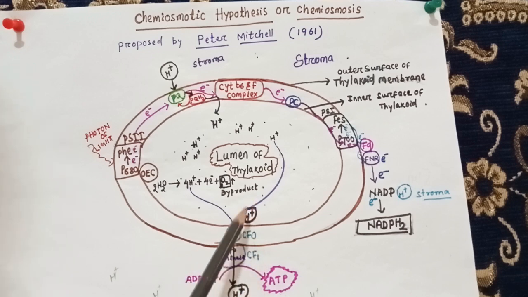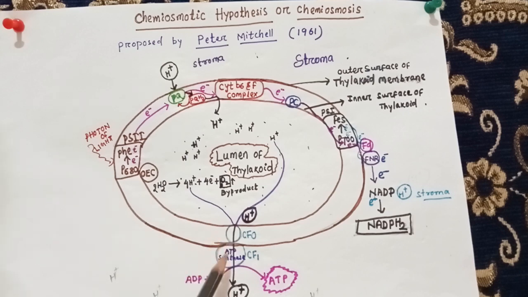And whenever the high energy rich proton moves through the CF0 particle of ATP synthase, the CF1 particle gets activated, and it leads to conformational changes of this CF1 particle.